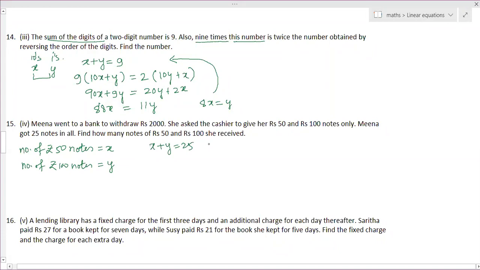And the total amount is 2000. How to find out the amount?